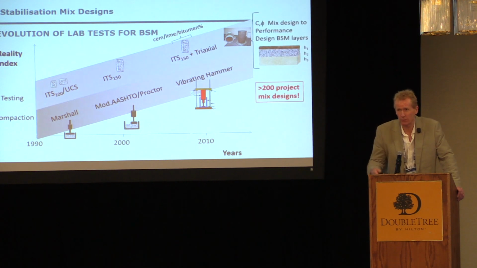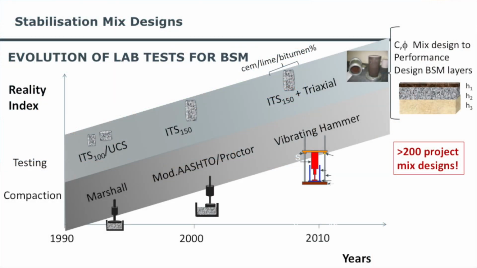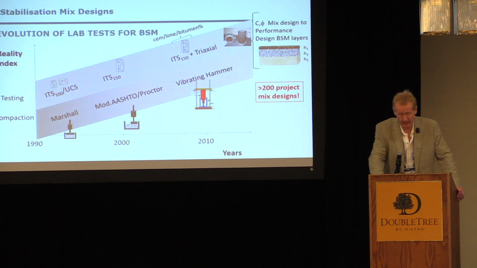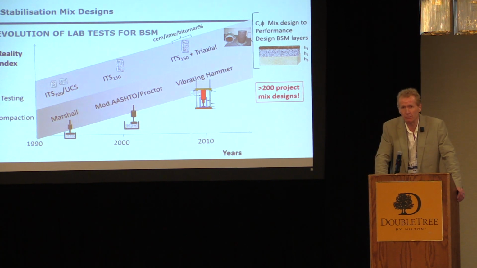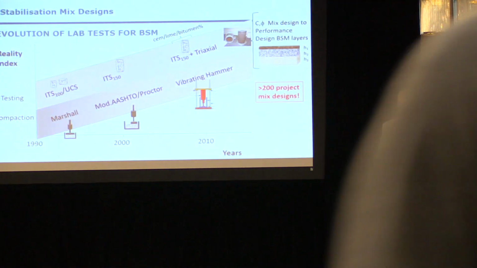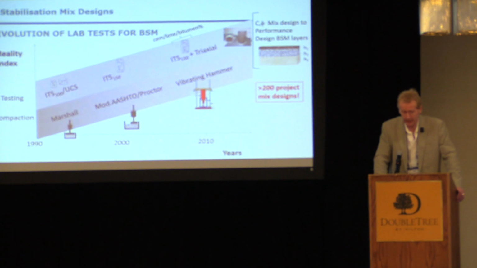And what I'm talking about now is something generic that's being introduced. But as you can see over there, the technologies began with those 4-inch diameter specimens and evaluating the mix performance properties by the indicator tests, as I would see it, the ITS and the UCS, the unconfined compressive strength. Those were useful, and they still have their place.